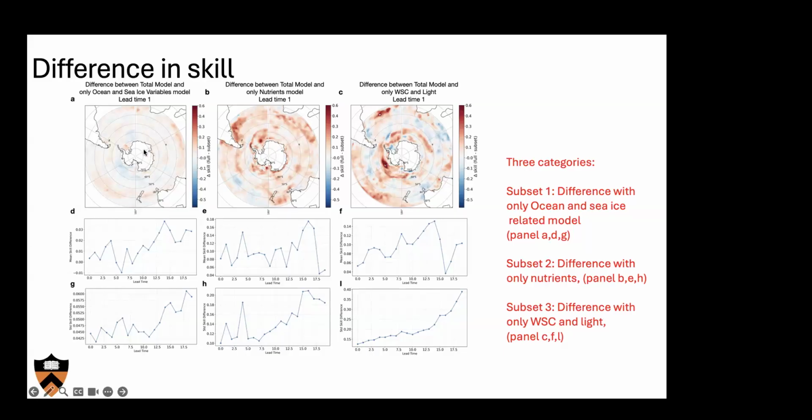And to better quantify this difference, in D, E, and F, I took the mean of this difference. And as you can see, in this mean skill difference, the first one is the lowest compared to the other 2 cases.